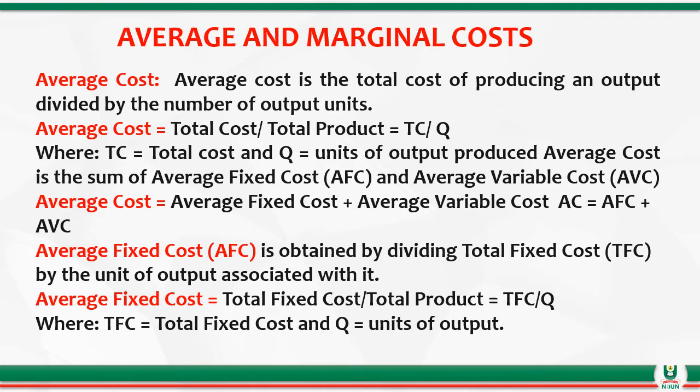Average fixed cost is obtained by dividing total fixed cost by the unit of output associated with it. Average fixed cost is equal to total fixed cost over total product, TFC over Q, where TFC is total fixed cost and Q is units of output.